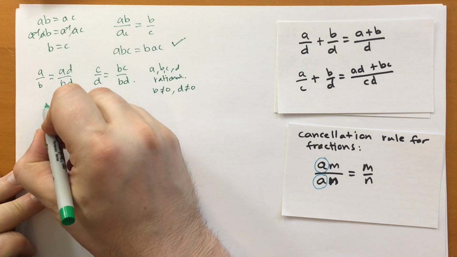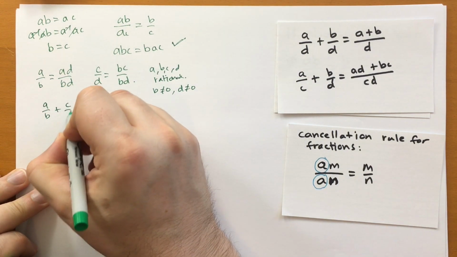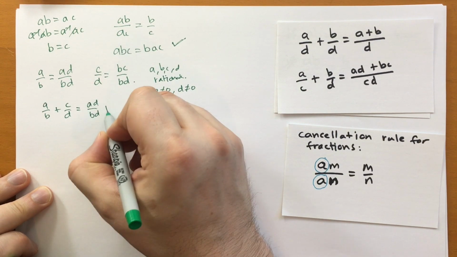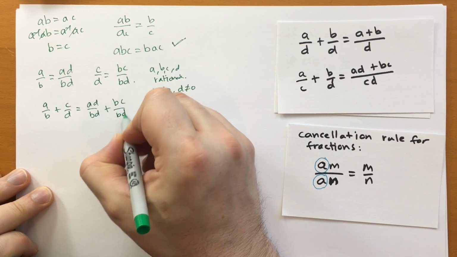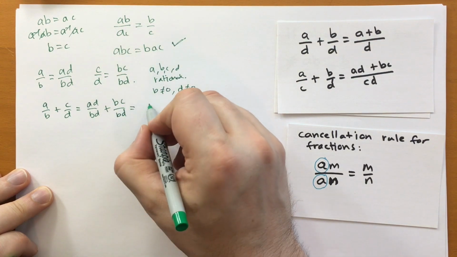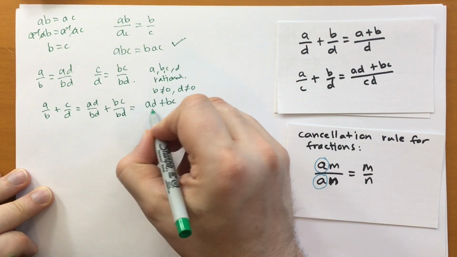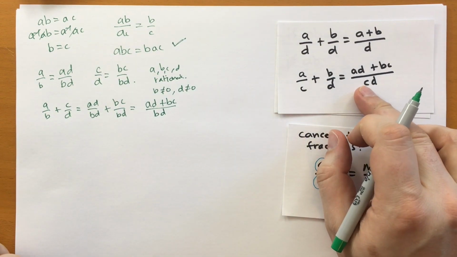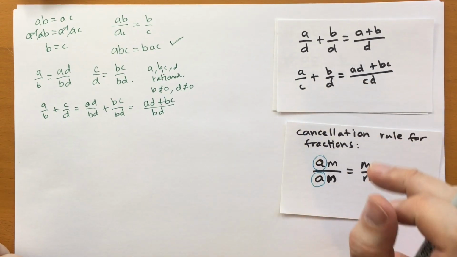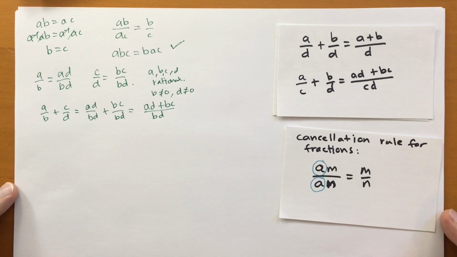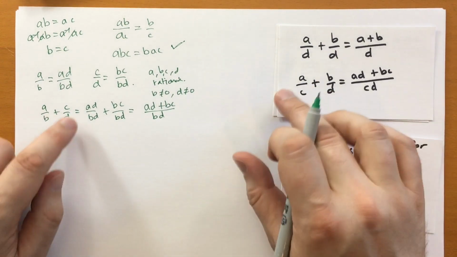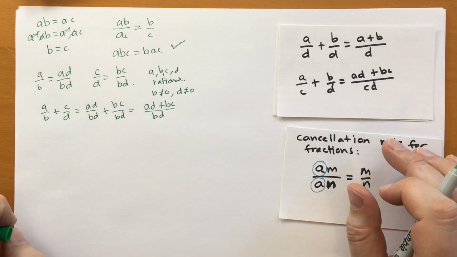So if we wanted to add A over B plus C over D, we would get AD over BD plus BC over BD. Noting that the denominators are the same, we can just add the tops. Which should look a lot like this, except with slight differences, because they had A over B and C over D. But you can see that it still ends up being BD.